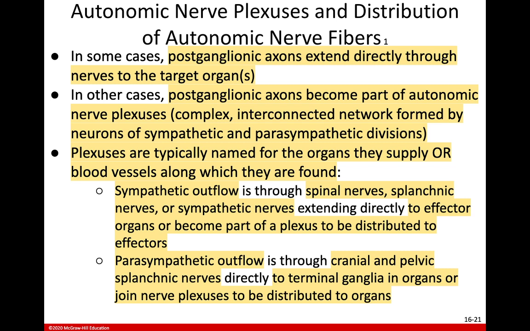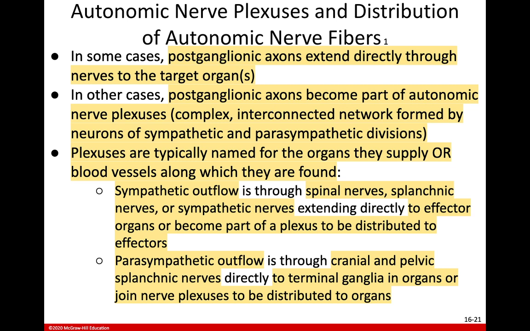Remember again the preganglionic synapses with the postganglionic neuron in the ganglia, and then that postganglionic neuron extends from the ganglion to the effector organ, whether it be a gland or smooth muscle, cardiac muscle in an organ. So these postganglionic neurons can actually extend directly to the organ or gland itself, or they can become part of a plexus, an autonomic nerve plexus.